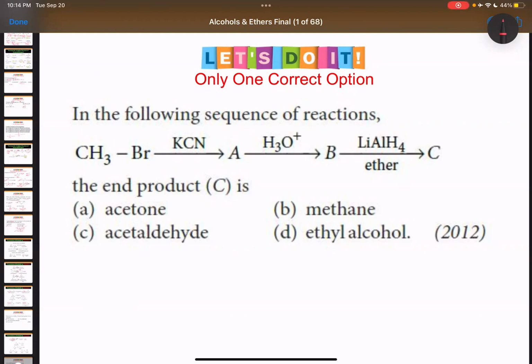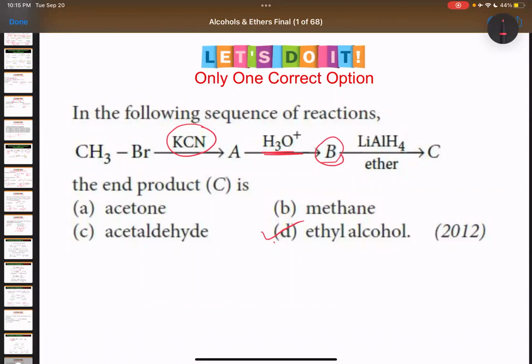It is the fourth option. Yeah, correct. So you will get CN attached, and what will happen with this when you do the second step? It is going to be a carboxylic acid. And when you react it with LAH, the carboxylic acid is going to be reduced to the alcohol. Okay, clear?